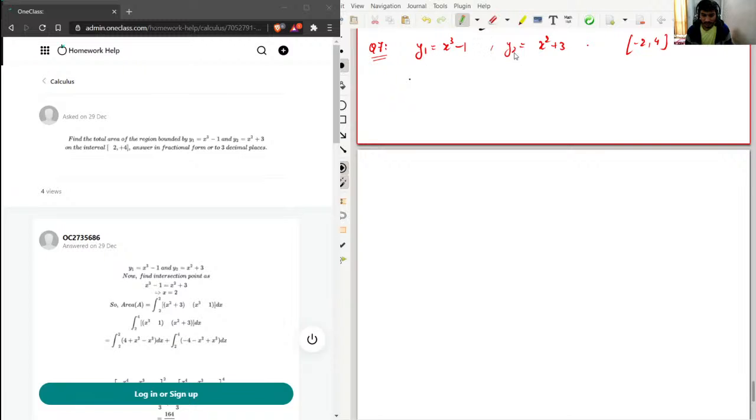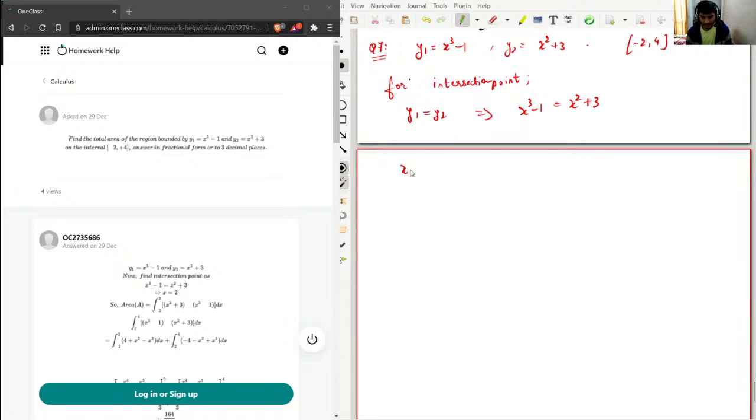So we'll equate y1 equal to y2 for the intersection point. This means x cube minus 1 equal to x square plus 3.